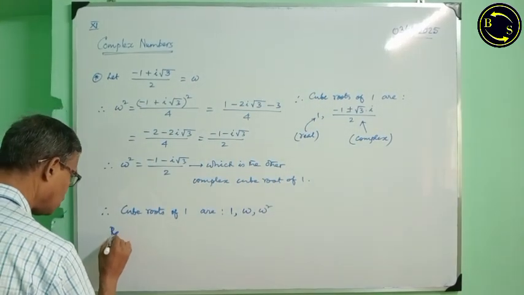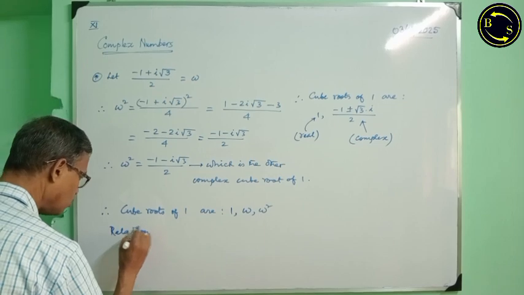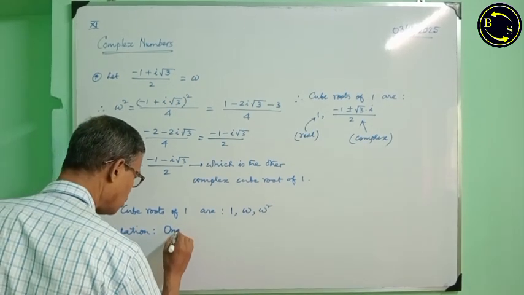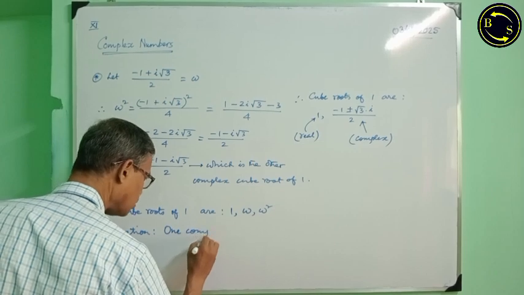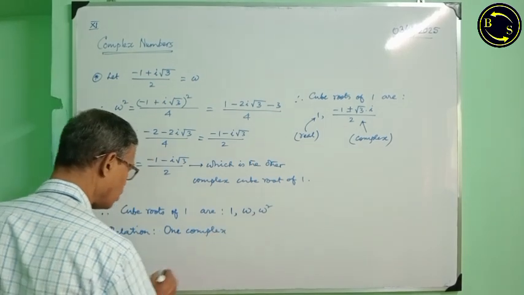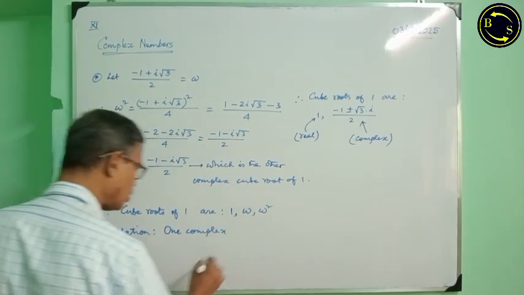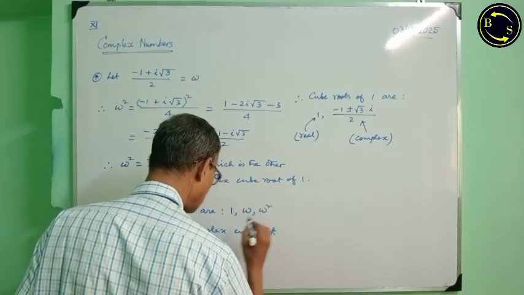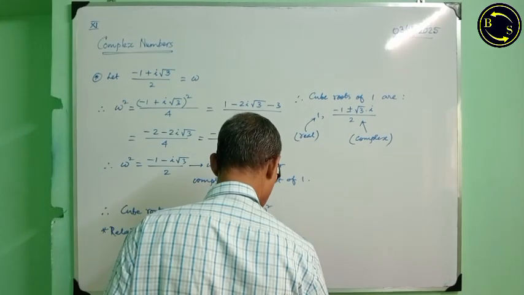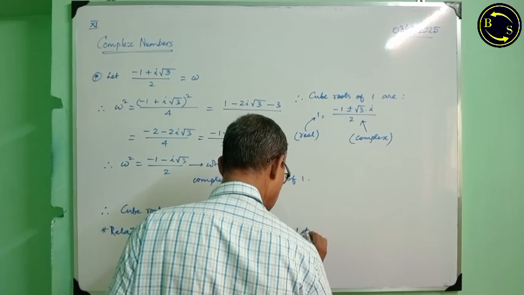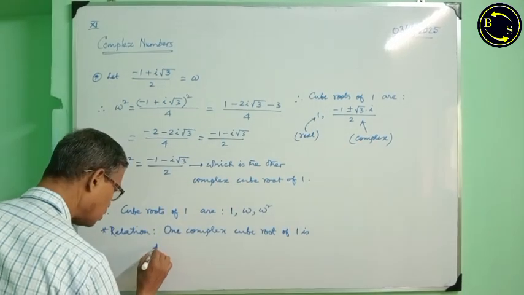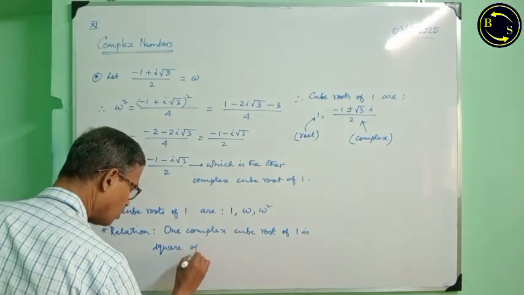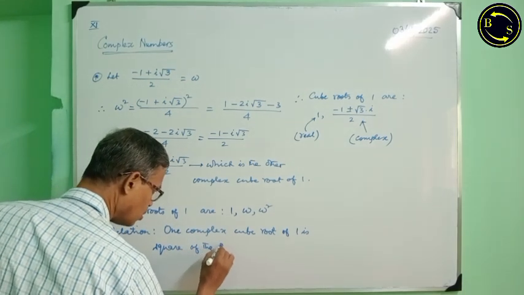Relation: one complex cube root of 1 is square of the other.